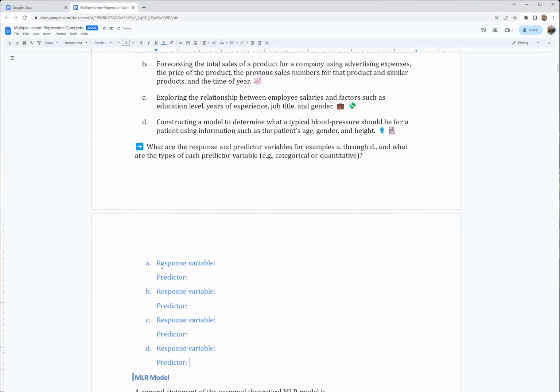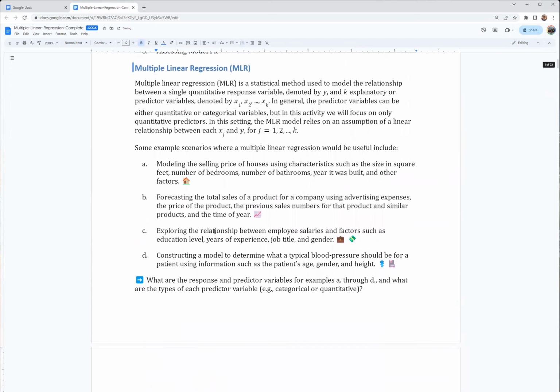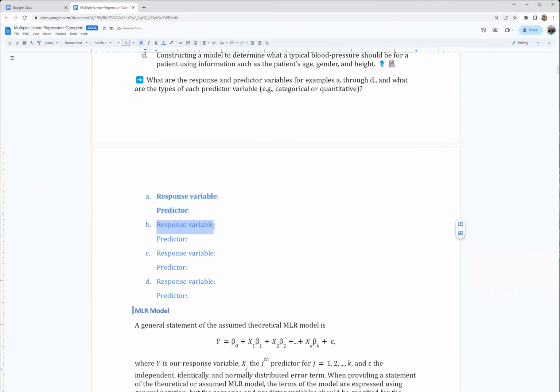All right, so let's see. So we've got example 1 is on the housing prices. Okay. So in that case, it's actually predictors now, it's plural.